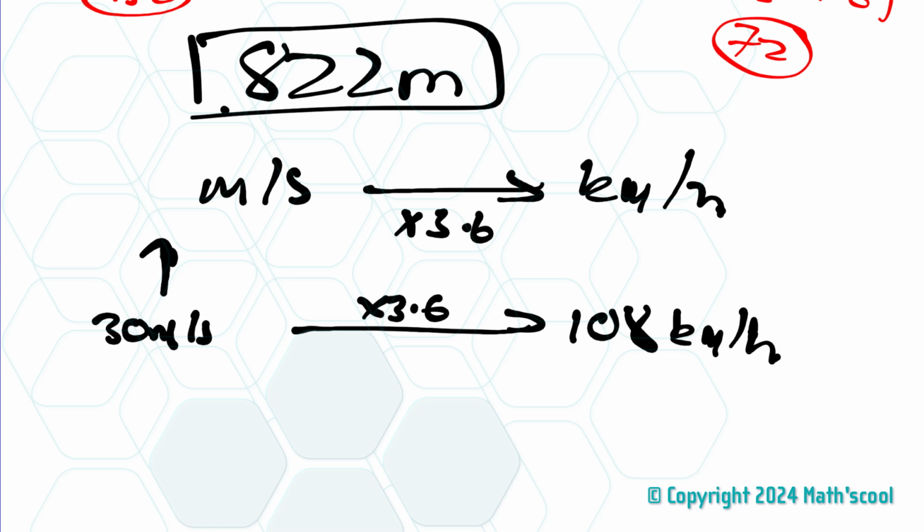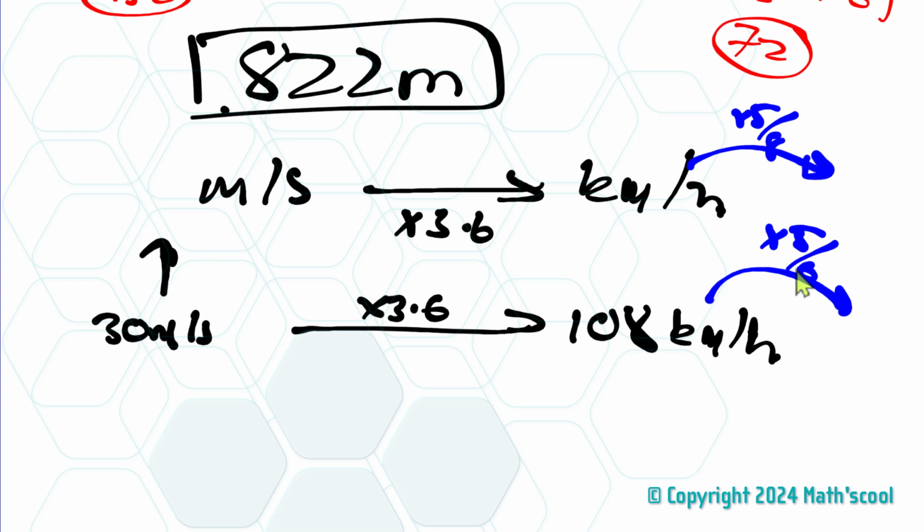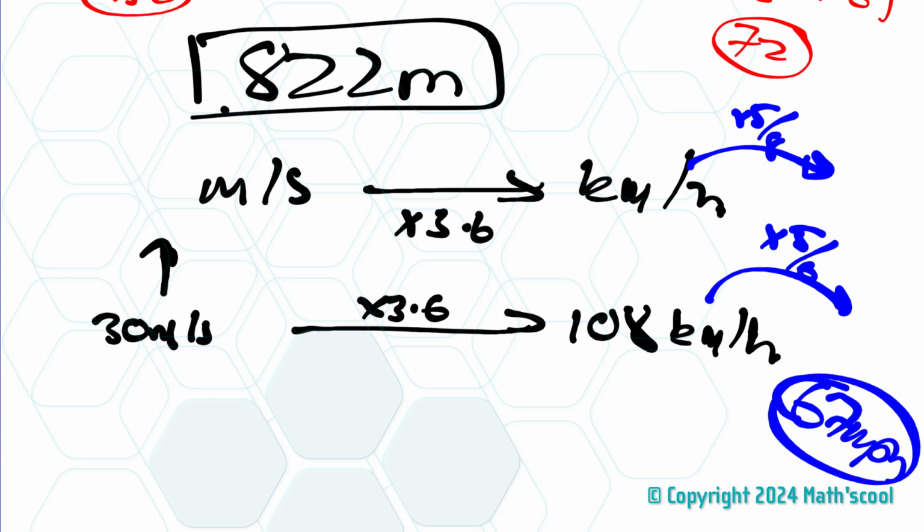Now remember, to change from kilometers per hour to miles per hour, you already know that that's times 5/8. So 62% of that, or something like that. That's going to be about 65, 67 miles per hour, something like that.